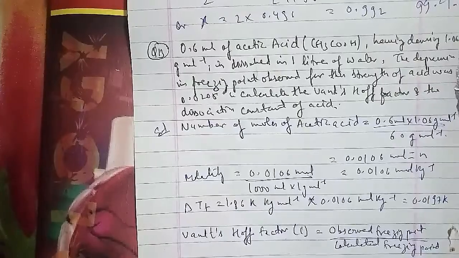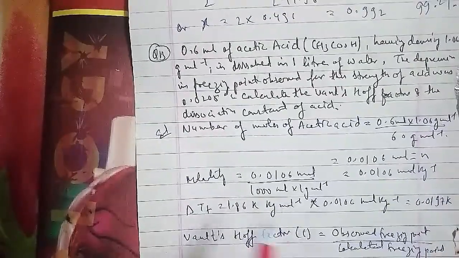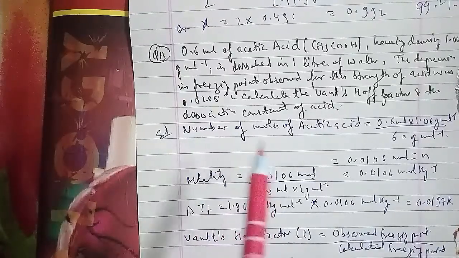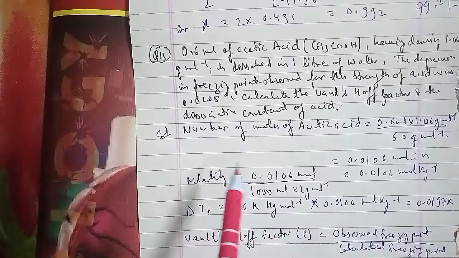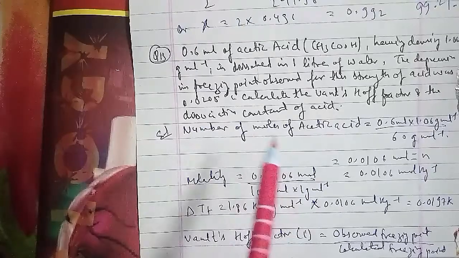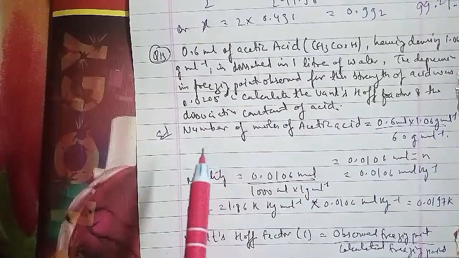Initially, for CH3COOH there are n moles, and H plus and CH3COO minus are 0; at equilibrium, 1 minus x for the acid, and x mole each for H plus and CH3COO minus.